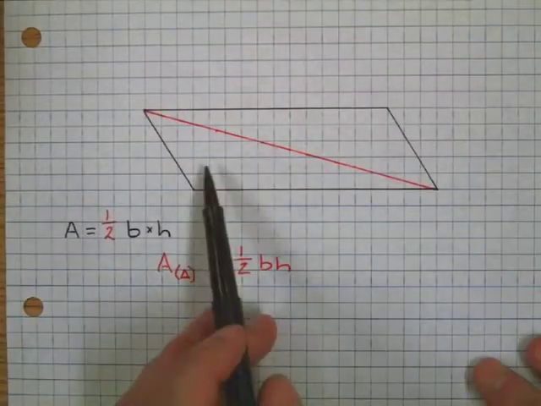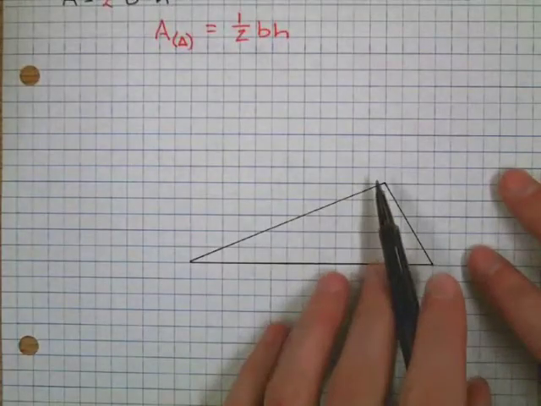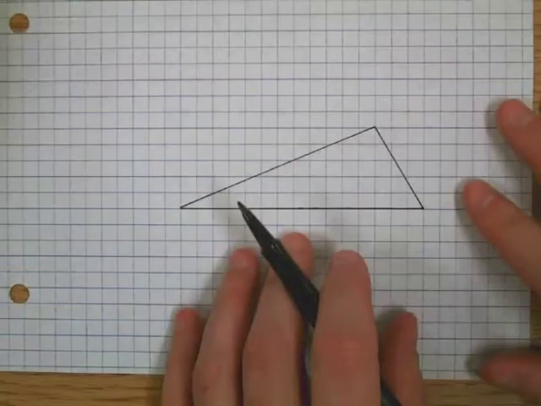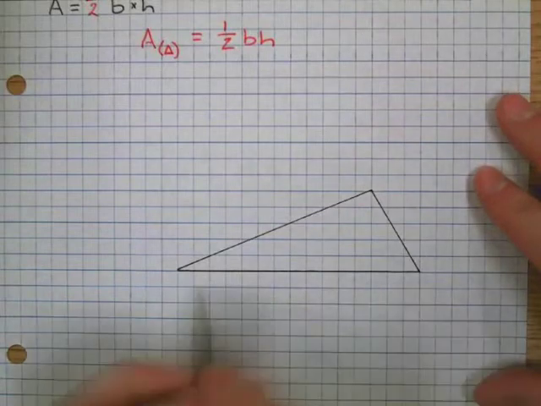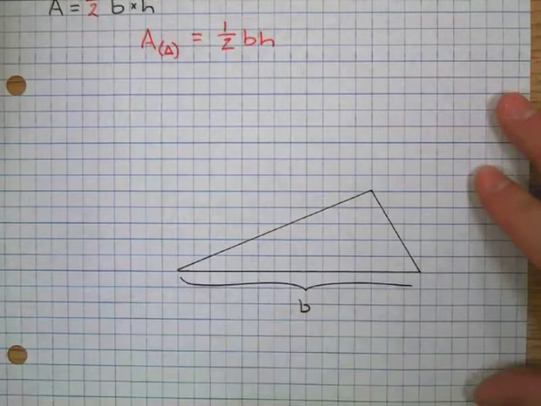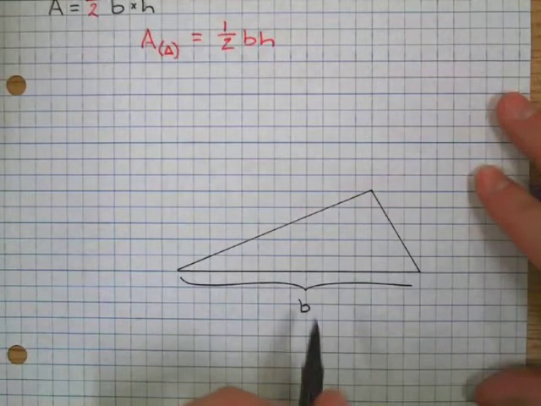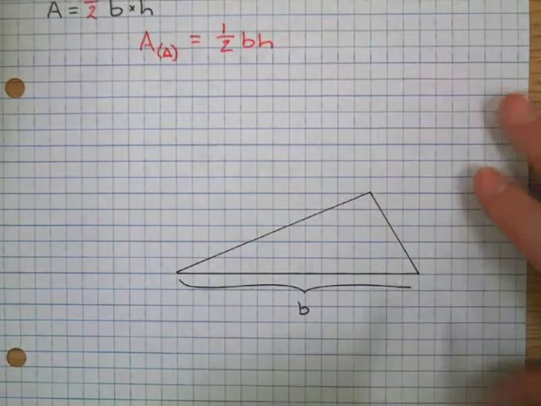So let's say if we take one of these triangles and just look at it by itself here. So if we have this triangle right here, and we know that the area is 1/2 base times the height. So here we would have the base of our triangle, and the height is going to be the distance from the base to the highest point on that there.